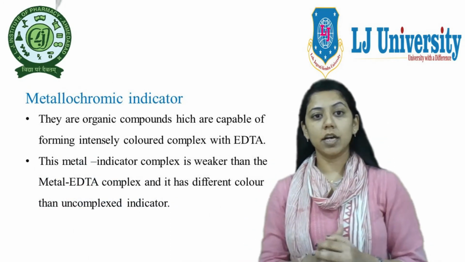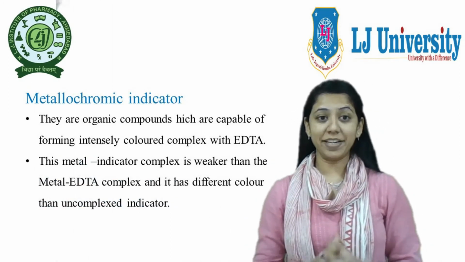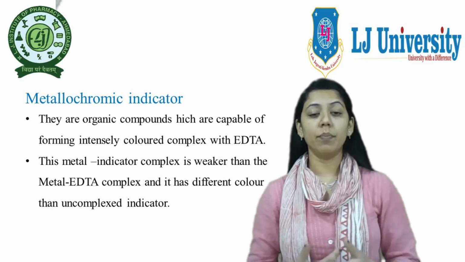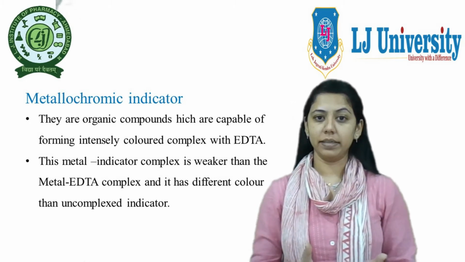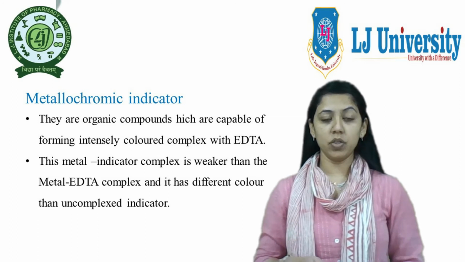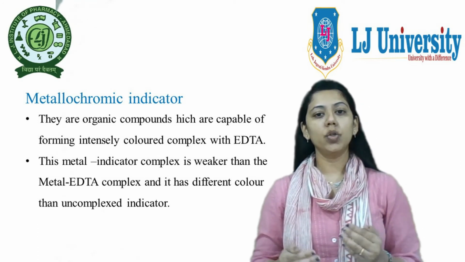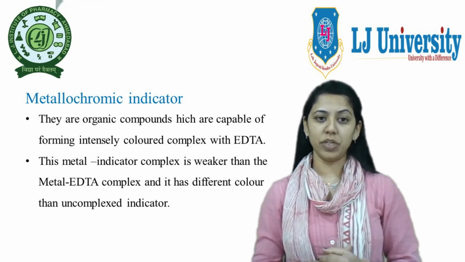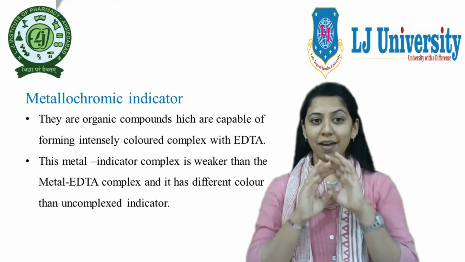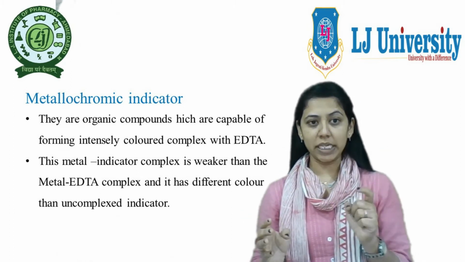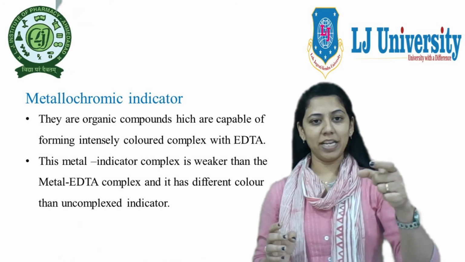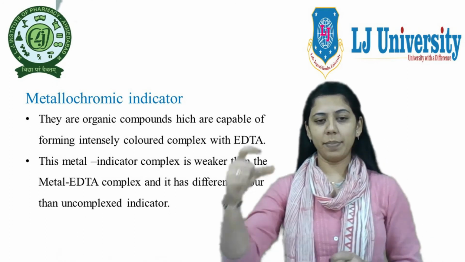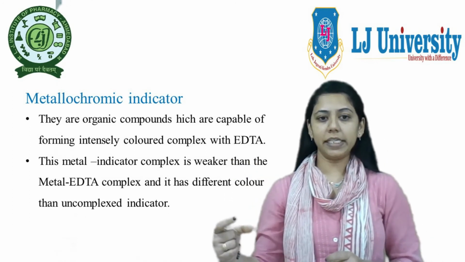The next is the indicator of this titration, which is called a metallochromic indicator. These are organic compounds which have the capability to form a colored complex with metal ions. Now we have two varieties of complex. One is the metal complex formed with the indicator, then the metal complex formed with EDTA.